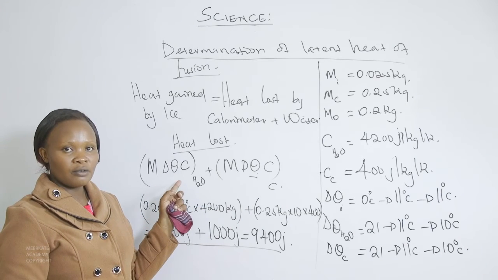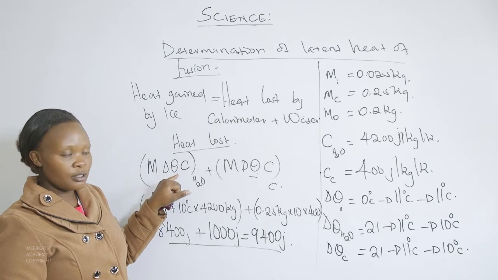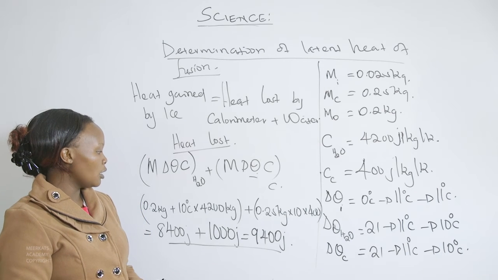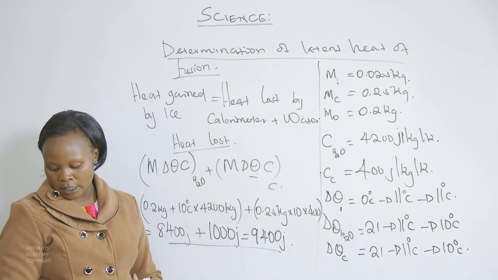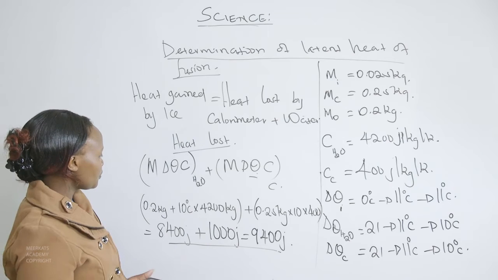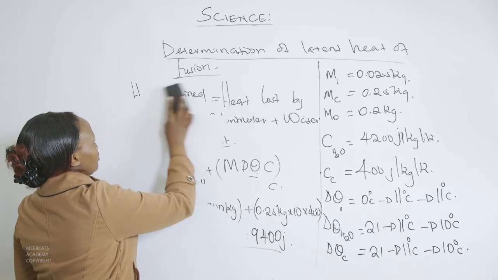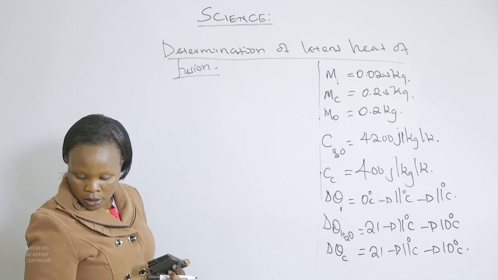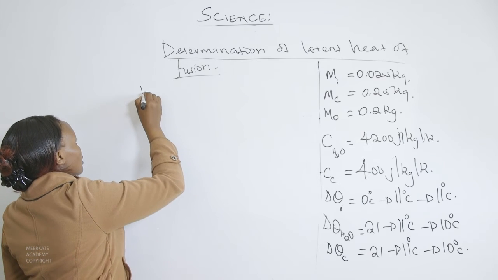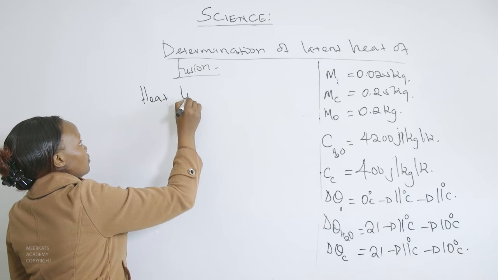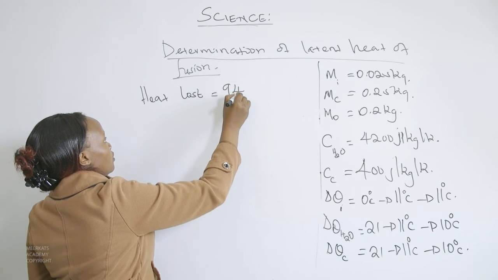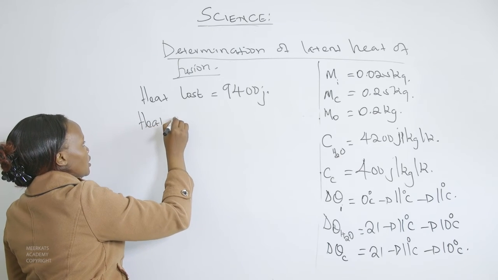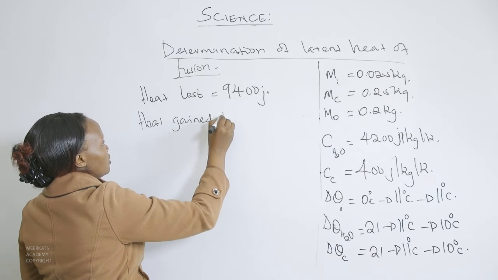It is given by mass times the change of temperature times the specific heat capacity of each of our items of consideration, and we add them together to get 9400 joules. Now, our 9400 joules is the heat lost.